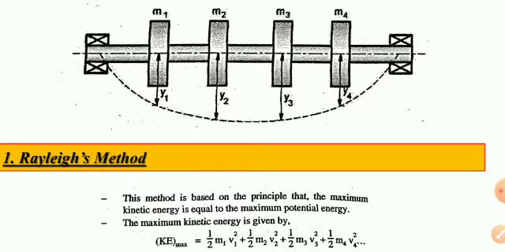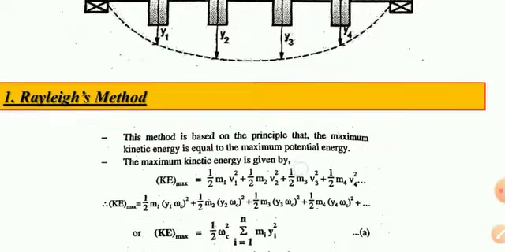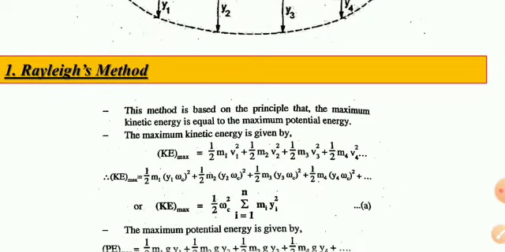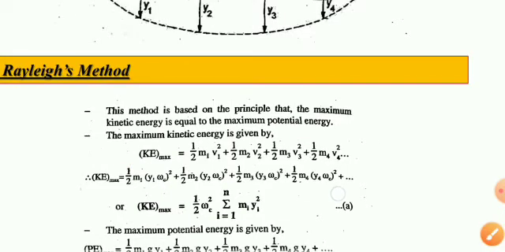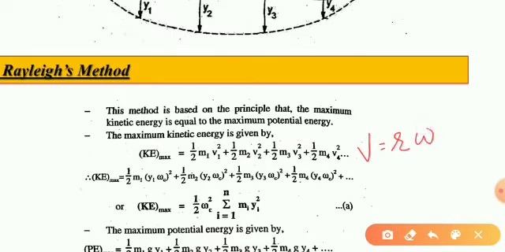it is v3, for m4 mass it is v4. We can write down the maximum kinetic energy by this equation by adding all the kinetic energies of all rotors. Now here it is written y1 omega c, as we know that the linear velocity v is equal to r omega.